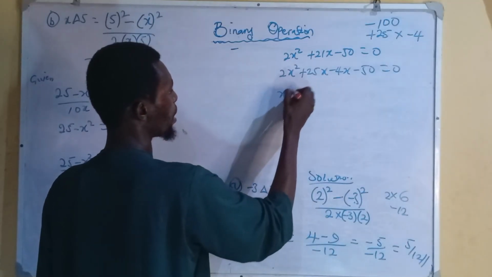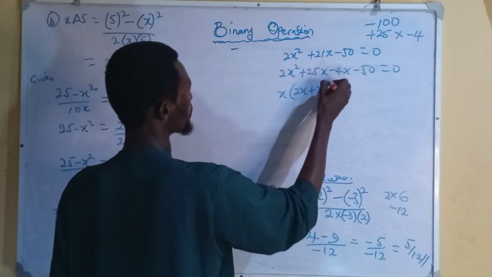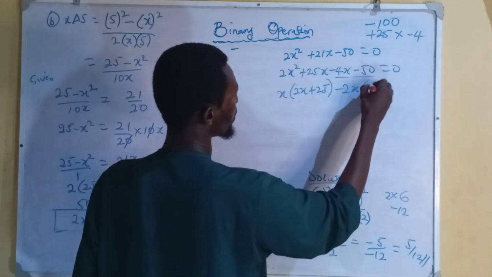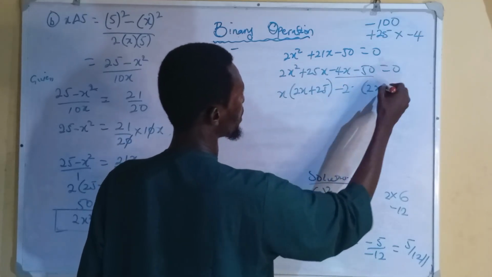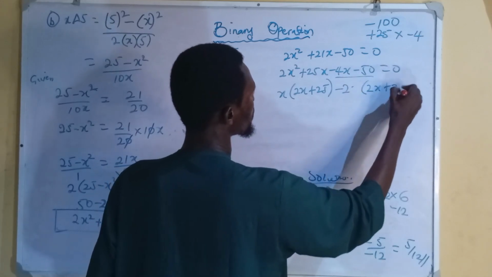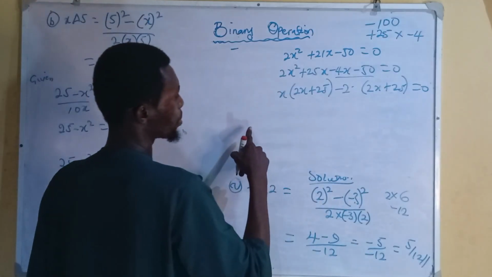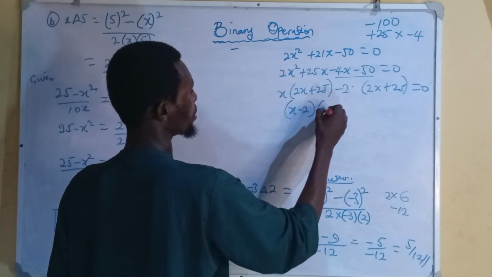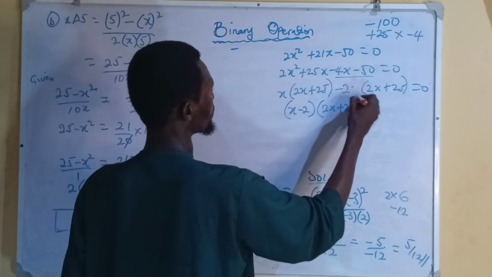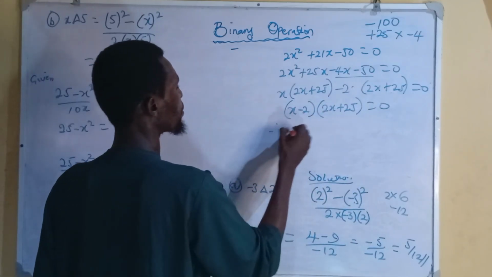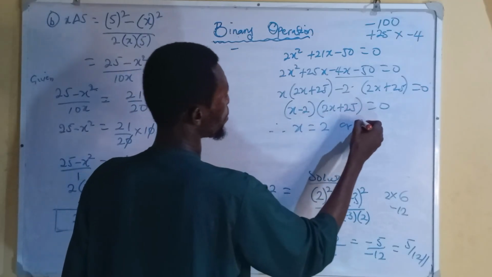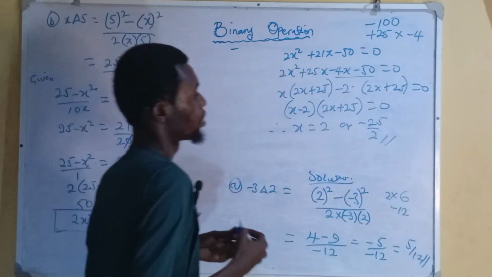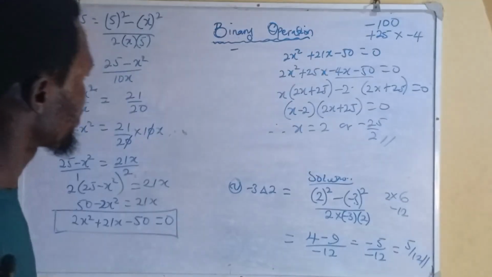You factor: x times 2x plus 25 minus 2 times 2x plus 25 equals 0. So you have x minus 2 and 2x plus 25 equals 0. So you have either x equals 2 or minus 25 over 2. These are the two values of x.